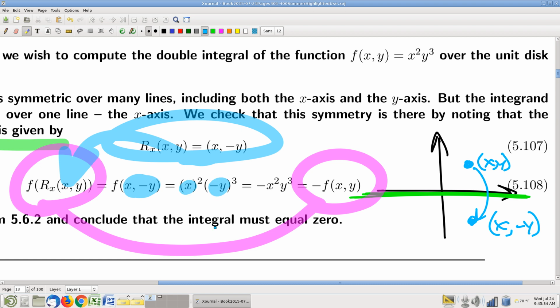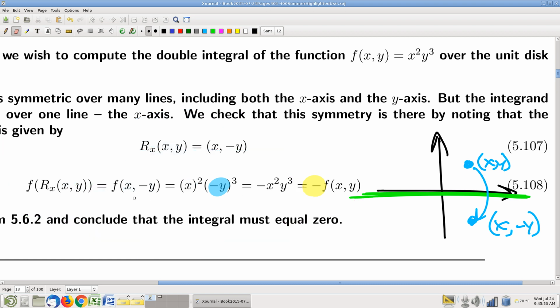There's the coordinates of that reflection. Crank it out and observe that, yep, sure enough, as required, we do get that minus sign there. So the image of the reflection is the negative of the original image. We have ourselves an odd function.